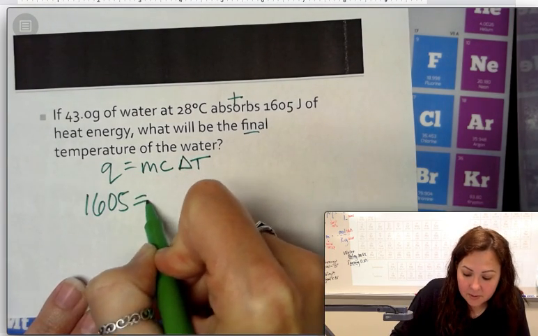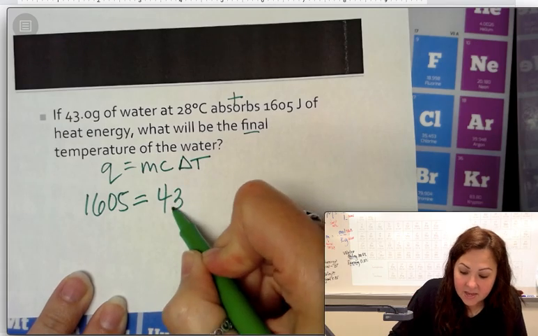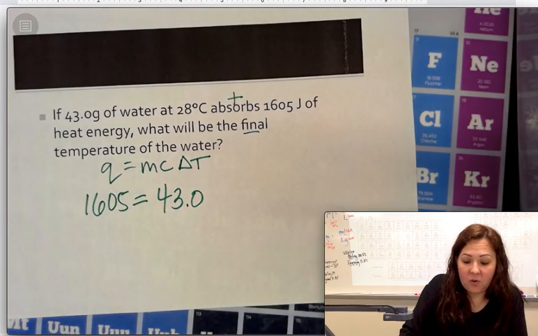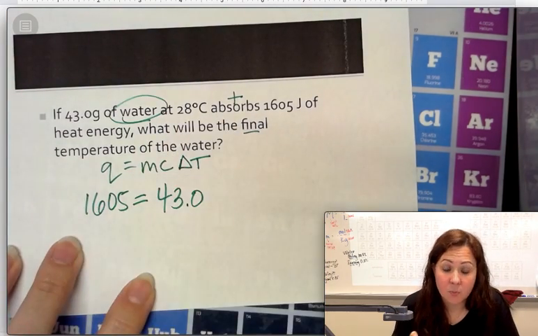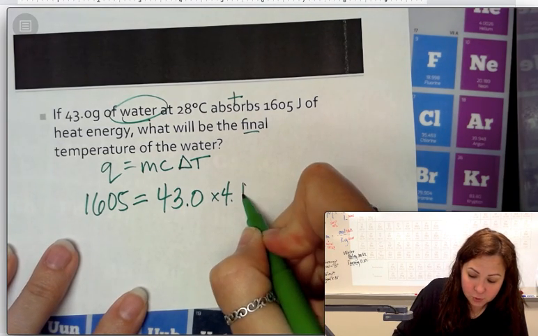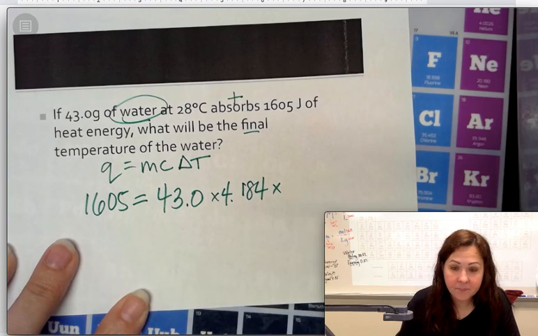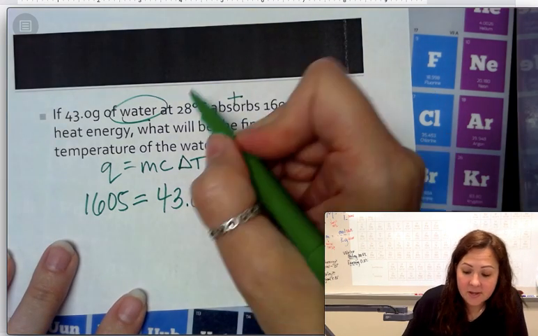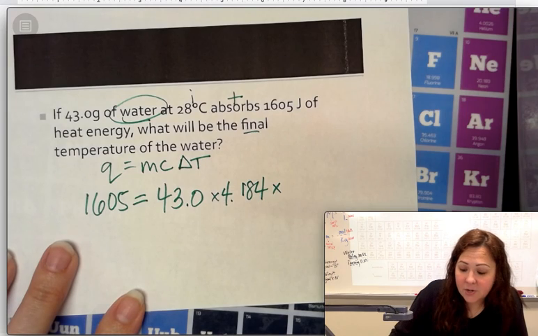It gives me M. It doesn't give me C, but I'm using water. So because I have water, I have 4.184 joules per gram degree Celsius. On this problem, it gives me my initial temperature, but I don't know my final.